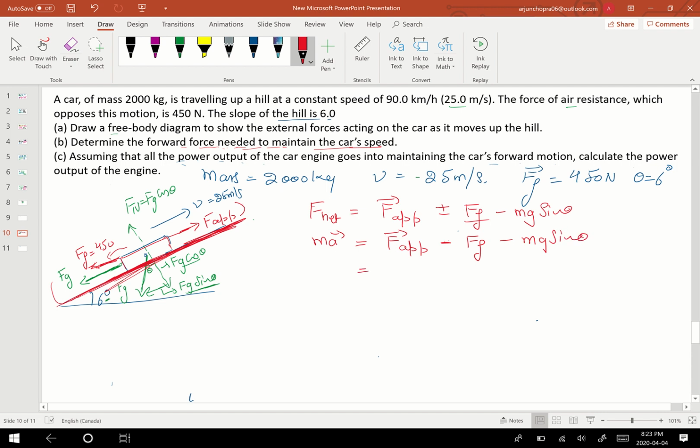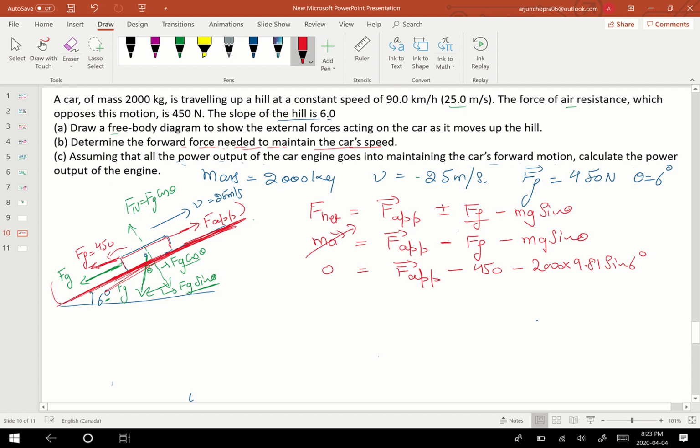This is moving with a constant velocity. Anything moving with constant velocity, acceleration becomes 0. So this is 0. This is force applied minus force of friction, given to me as 450, minus mass, given to me as 2000, times 9.81 times sine of 6 degrees.